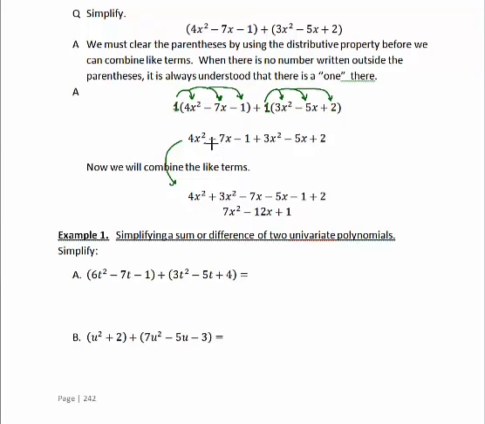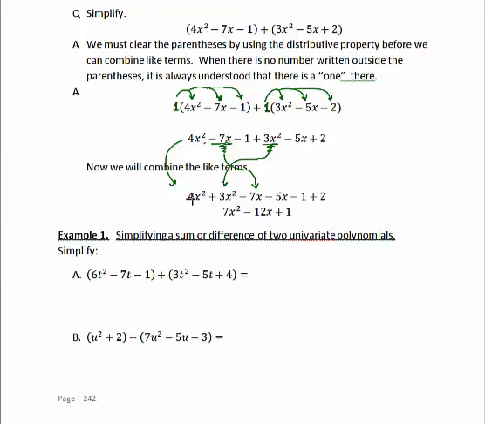Notice that we took negative 7x and moved it to the right, and we took 3x squared and moved it to the left, and the 3 took the plus, and the 7 took the minus in front of it. You can move these terms around, but the sign has to go with it.